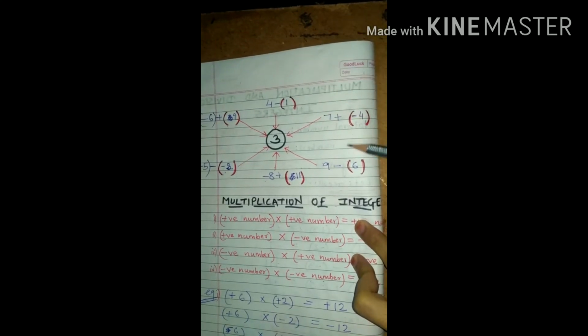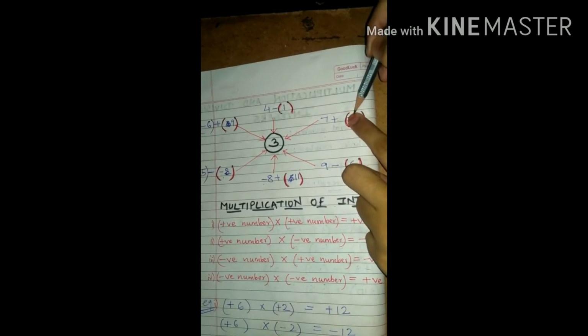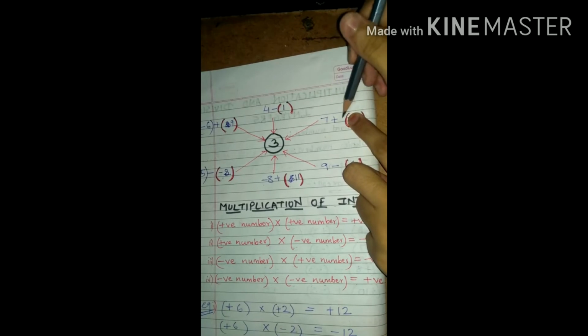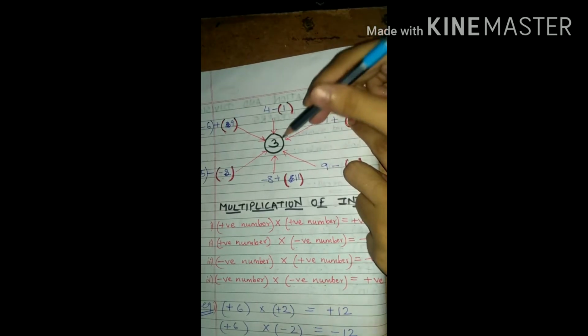Now what? 7 plus how much is 3? See, if we take a positive number here, then the two numbers will get added and we get a bigger one.